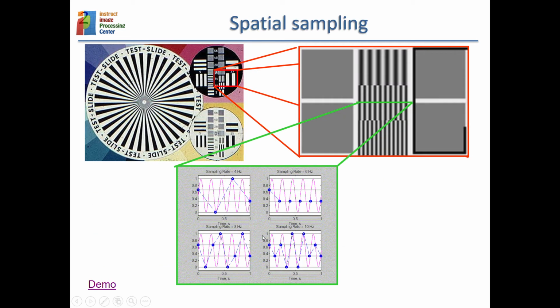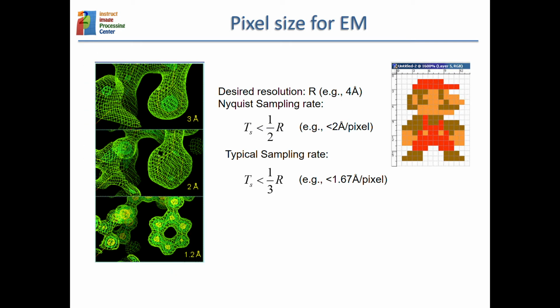Otherwise you might have the correct 1 angstrom resolution in your collected images in the analog signal, but if you don't sample it properly, then you will never be able to recover it from the computer image.